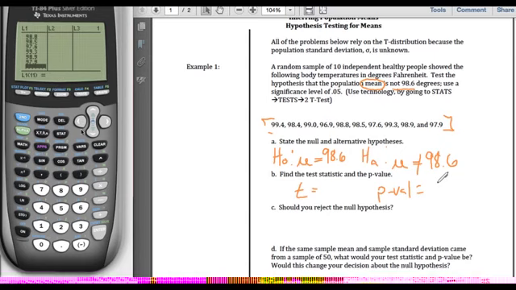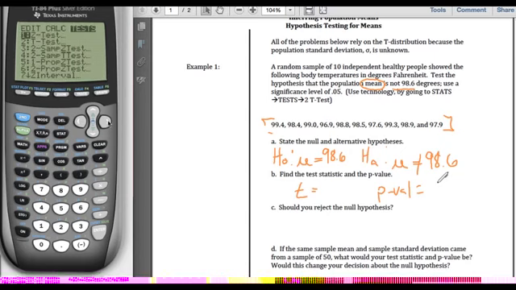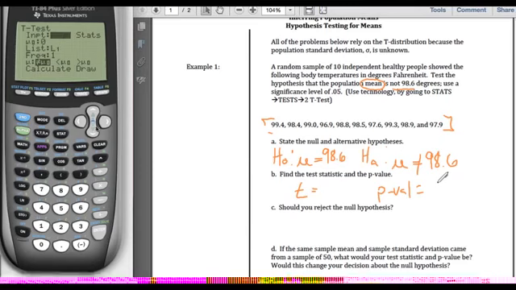Now that all these values are in, I'll go to stat test number 2. So my input is my data, it's already in there. My mu sub 0, that's the mu from H0, that was 98.6. My data is in L1, the frequency should always be 1, and I need that not equal to symbol selected because that's the symbol in my alternative.